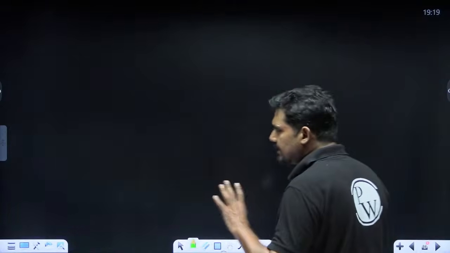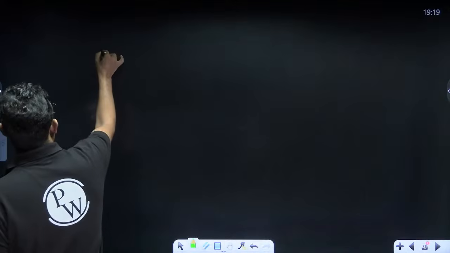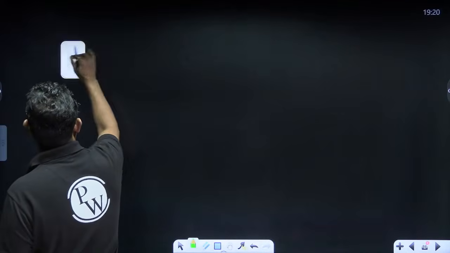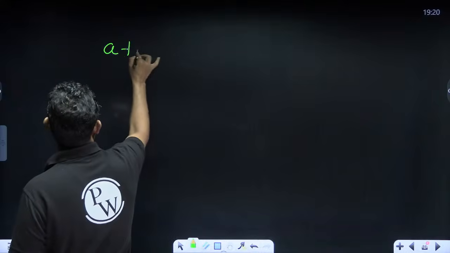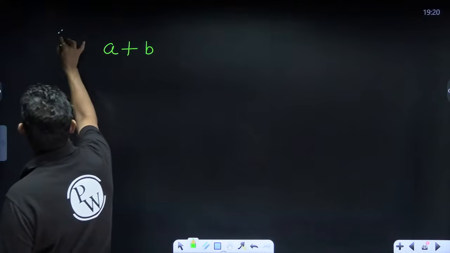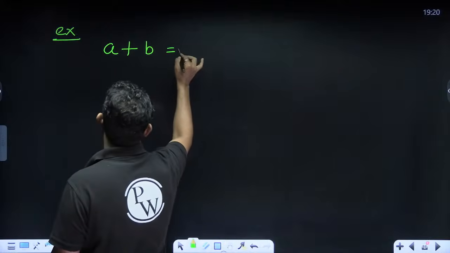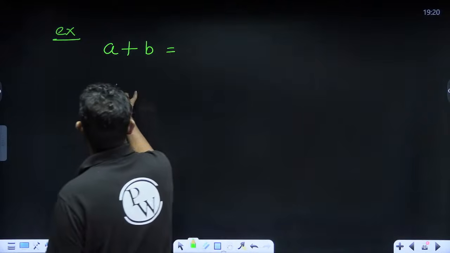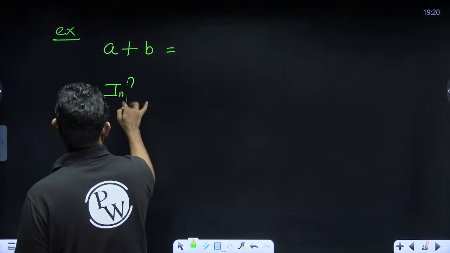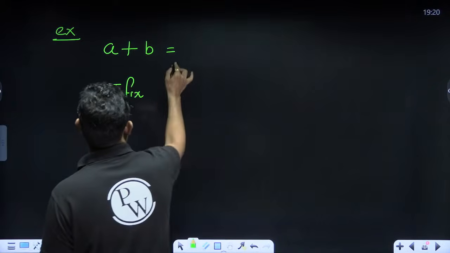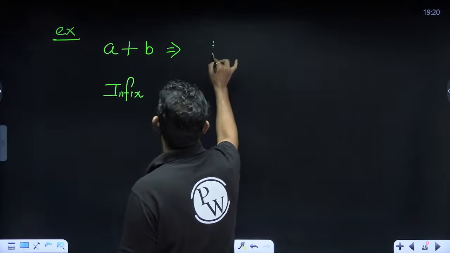Now, once you get this idea, the rule is very simple. The rule says that if there is A plus B, for example, this is called the infix expression. Its prefix will be plus AB.